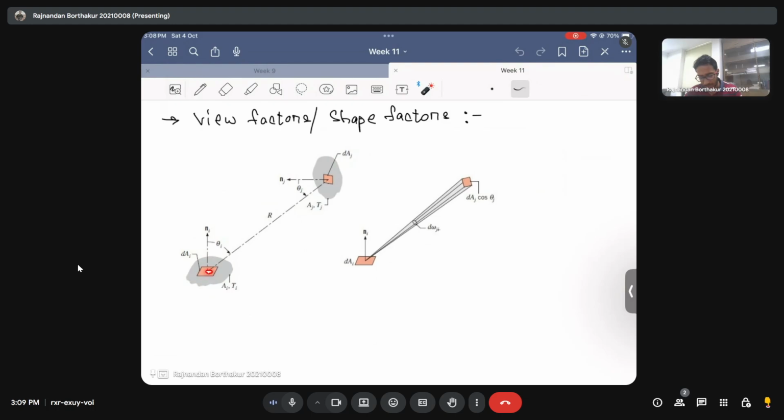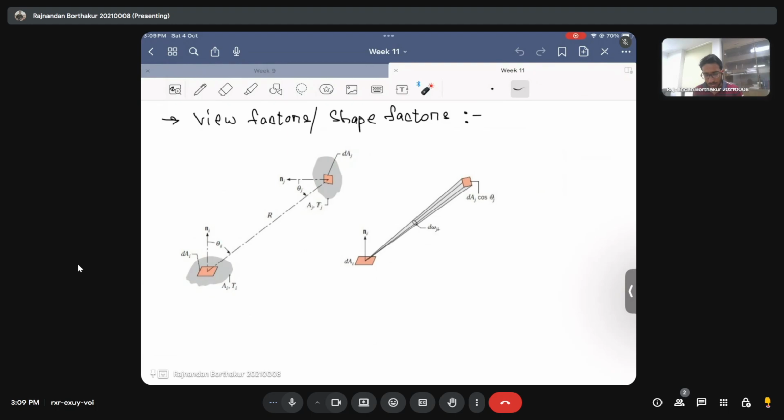The centers of these differential areas are joined by this line. The center to center distance between dAi and dAj is R, and the unit normals make angles theta i and theta j with the line joining the centers of these two differential bodies.